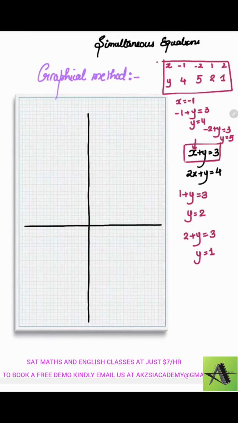We just need to plot these coordinates. When x is -1, y is 4. Here I'm encircling this, so our coordinates are (-1, 4). Let me just name this one here. You can take any gap; I'm just taking a space of 3 blocks.